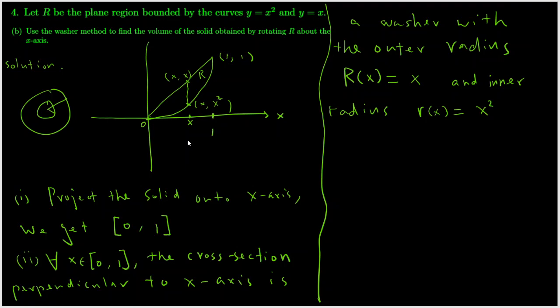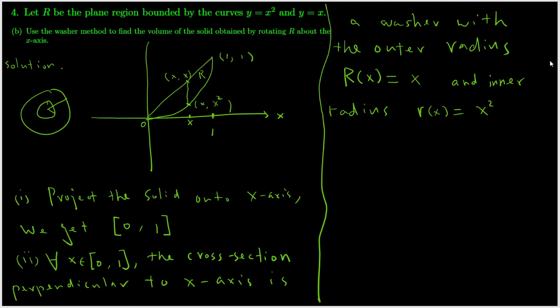Outer radius is from this point to the x-axis. Inner radius is from this point to the x-axis. The y-coordinate of this point will give you the outer radius. The y-coordinate of this point will give you the inner radius. I'm going very slowly. I know this is hard for some of you, but probably it does make sense.